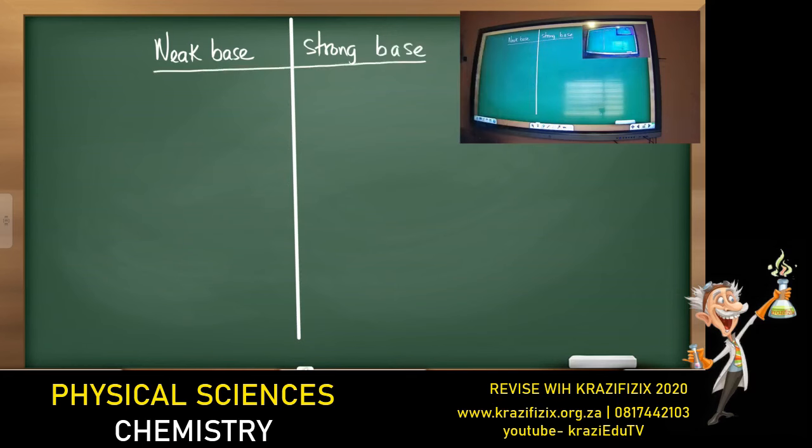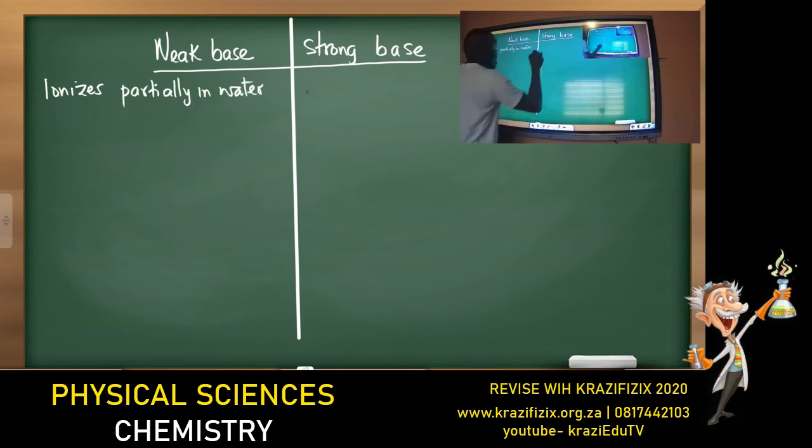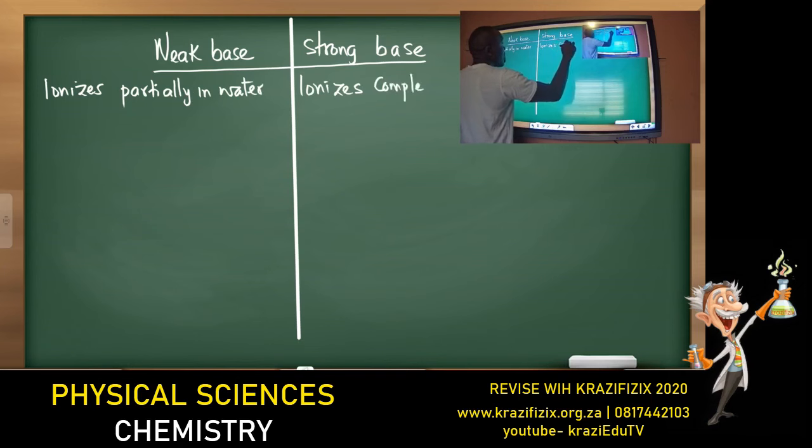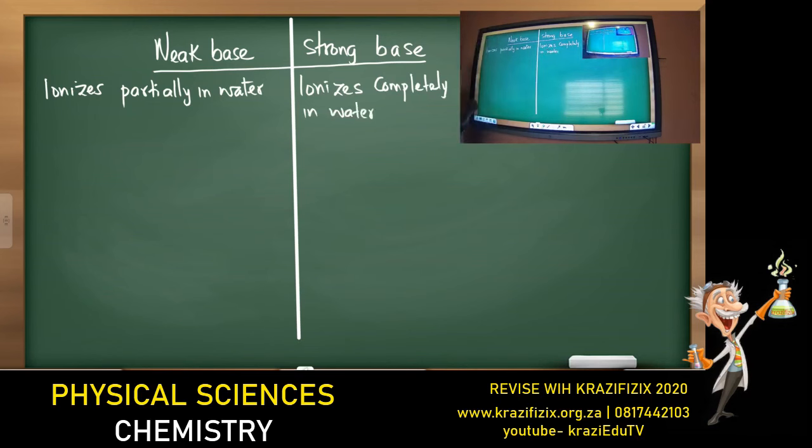Both will produce hydroxide ions, but a weak base will ionize partially in water, while a strong base will ionize completely in water. And when it ionizes partially in water, what does a weak base do?